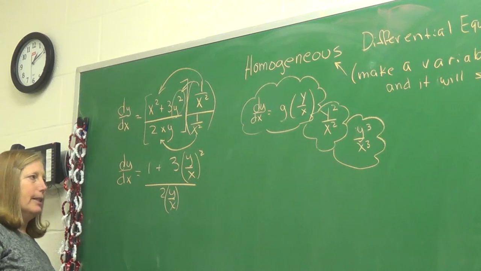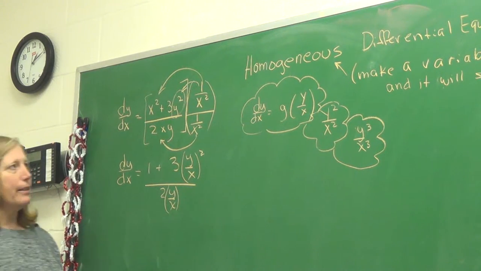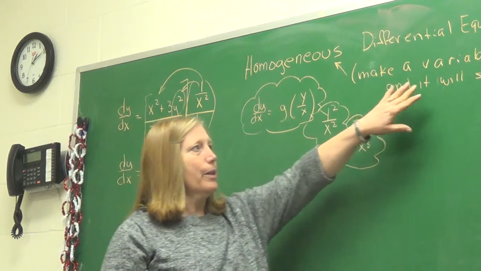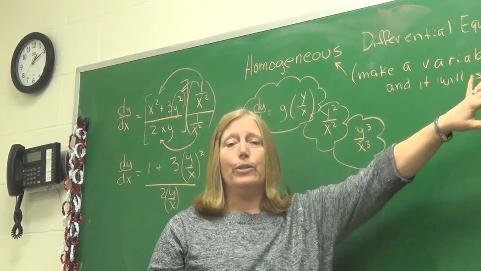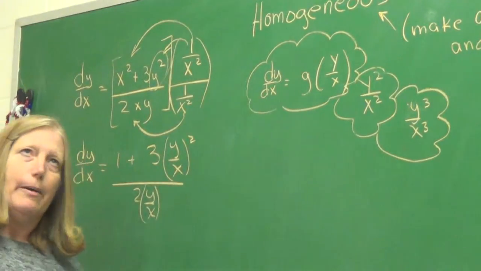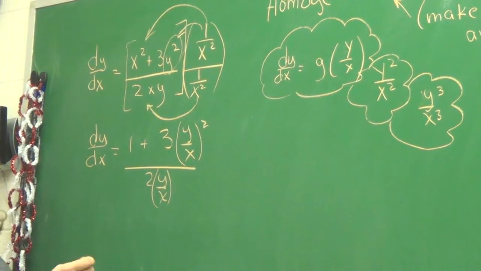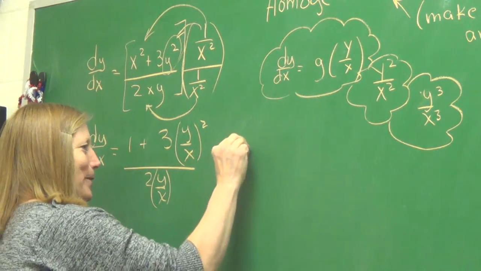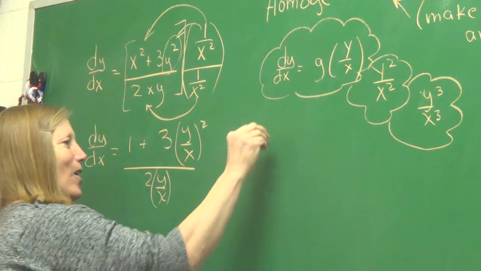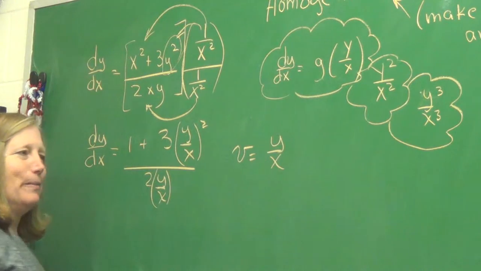All right, so I gave you a clue that we're going to make a variable substitution. The variable is going to be v for variable. We're going to say all the y over x's are going to be called v.